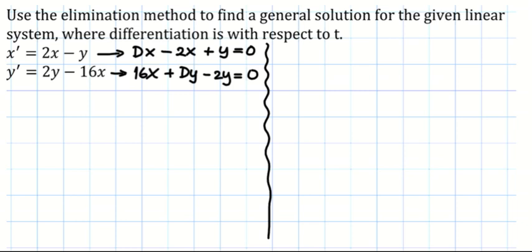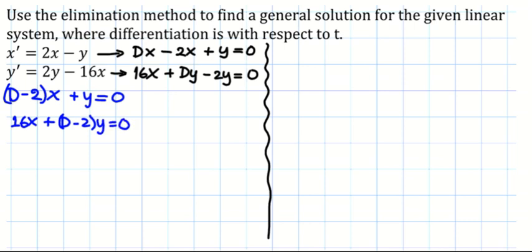Now we solve this system of equations. First, I will factor out an x, and we have (d minus 2)x plus y equal to 0. And the other equation, we have 16x plus (d minus 2)y equal to 0.